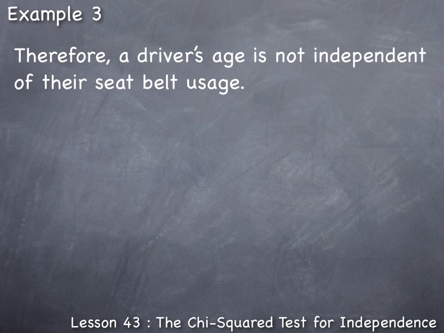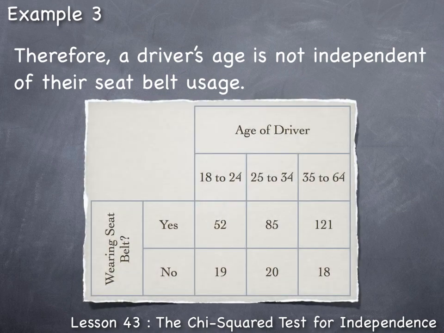Now, the conclusion that they're not independent indicates that there is an association between these variables. To see the nature of the association, we need to look at the observed frequencies in the contingency table. Notice that of the drivers that were not wearing their seatbelt, the observed frequency distribution across the age of the drivers were essentially the same.